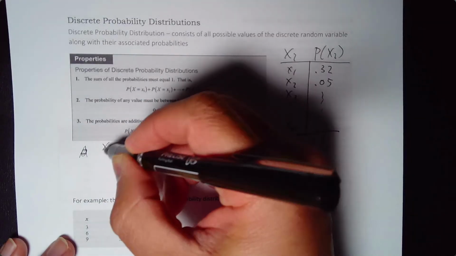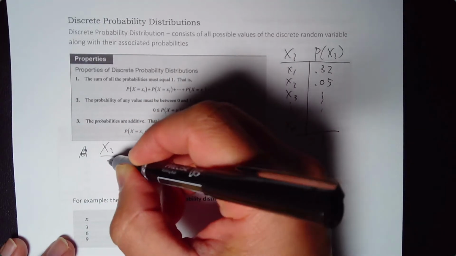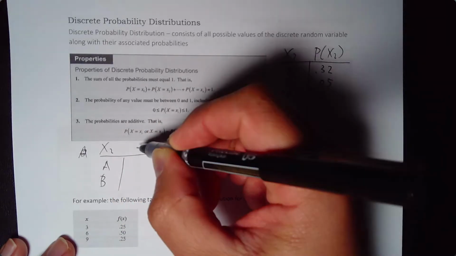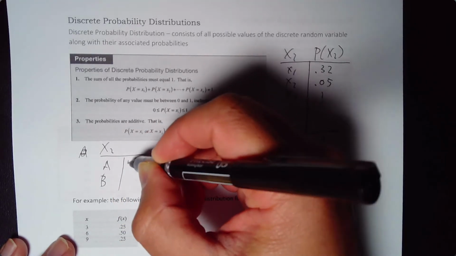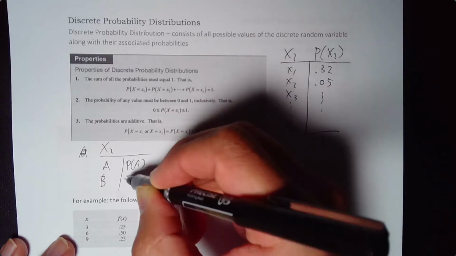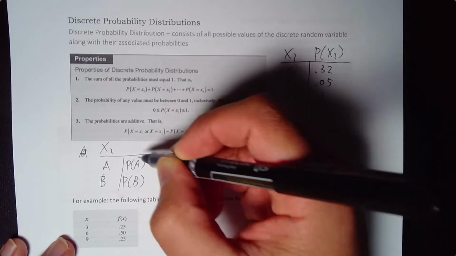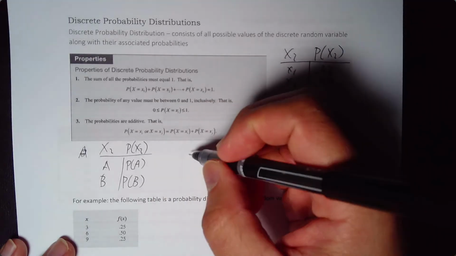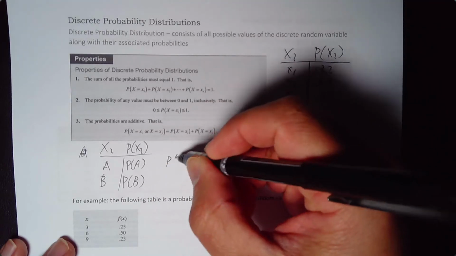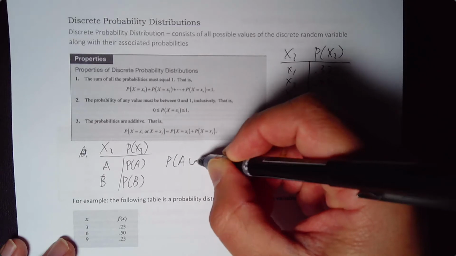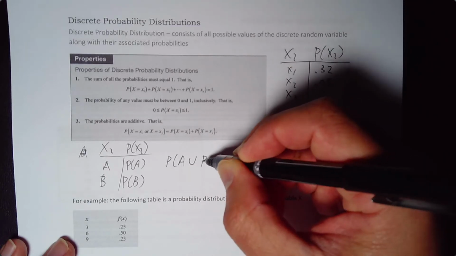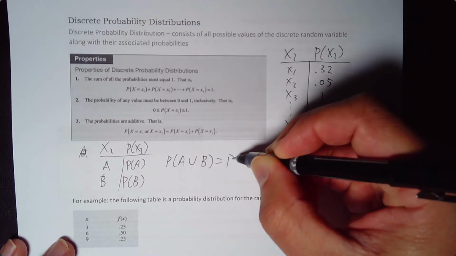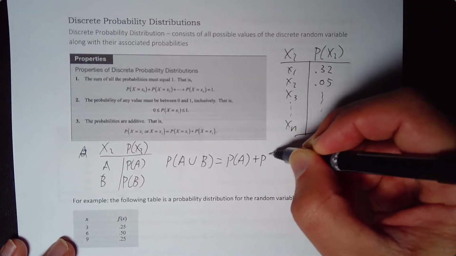If this is my distribution, I have A and B as my outcomes, and here's the probability of A happening, and here's the probability of B happening. So that means that the probability of A or B, A union B, equals probability of A plus probability of B.